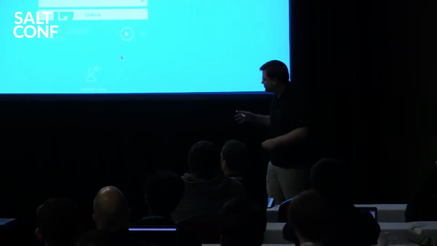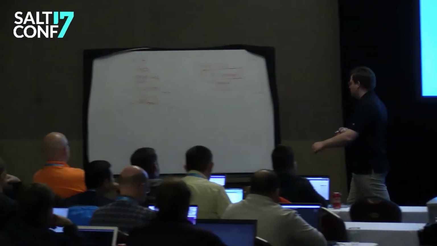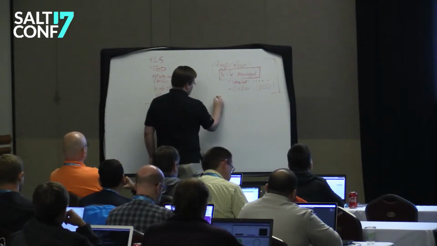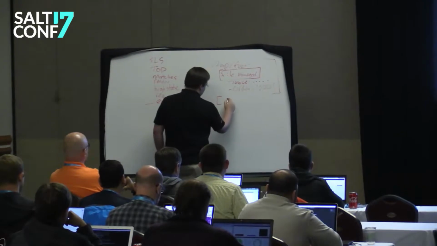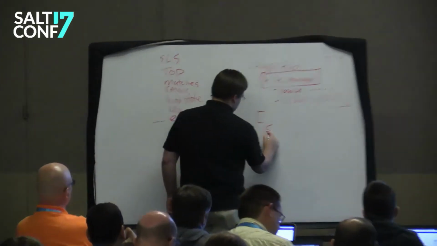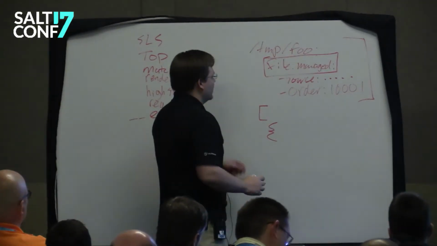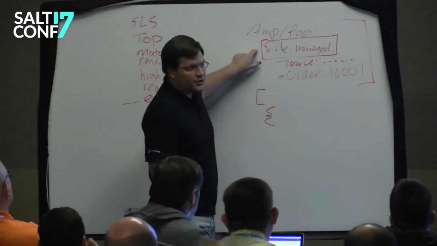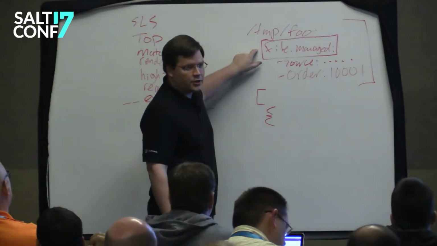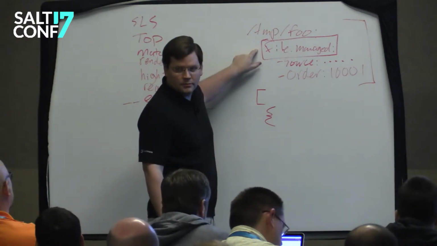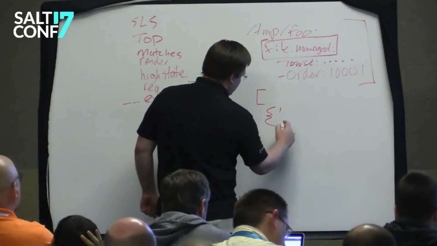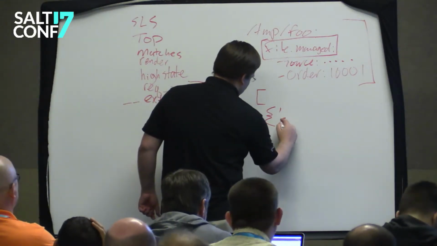Now, when we get down to low data, what I need is a list of data sets that can be applied directly to these functions. And this is what you see when you run state.show_lowstate.